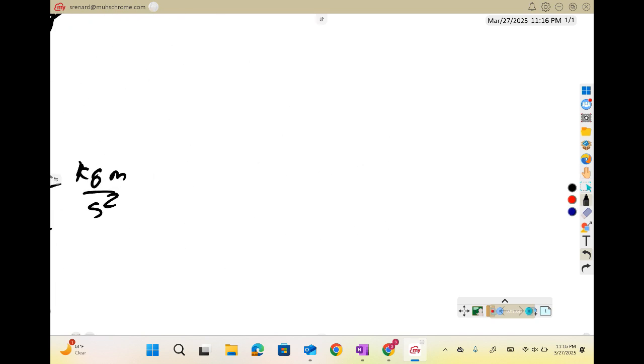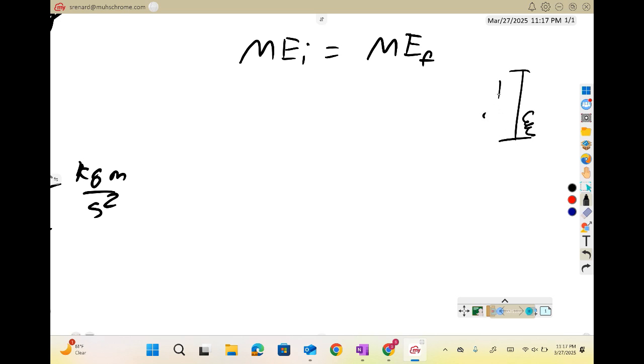So when we're looking at this problem, we have this spring that's compressed, right? It's normally that 0.1 meter.